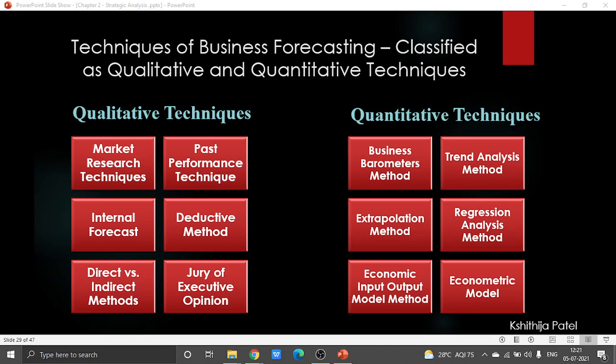And the last one that we have is the econometric model. Whenever you hear this word econometric, it refers to the science of economic measurement.